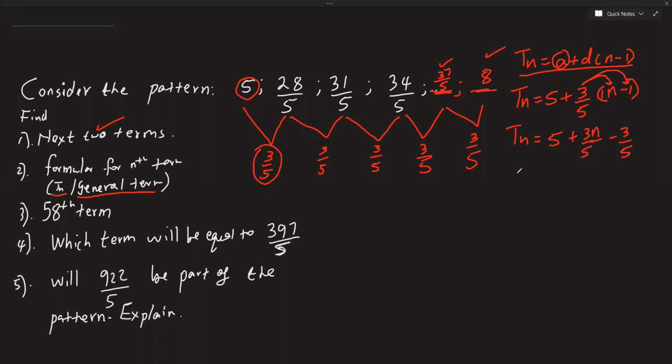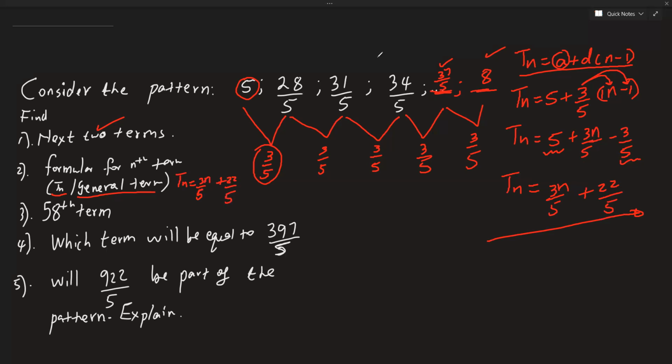These two numbers are like terms: 5 minus 3 over 5. On a calculator that gives 22 over 5. So Tn equals 3 over 5n plus 22 over 5.